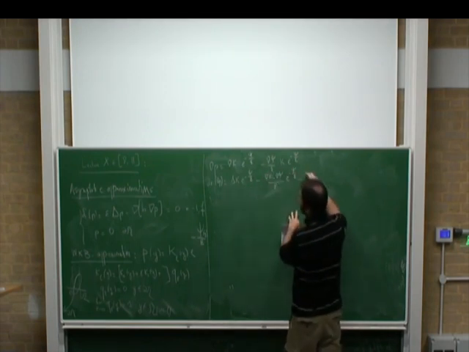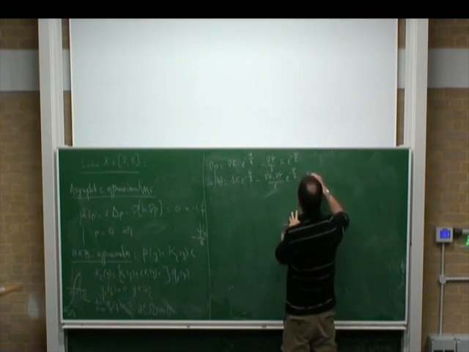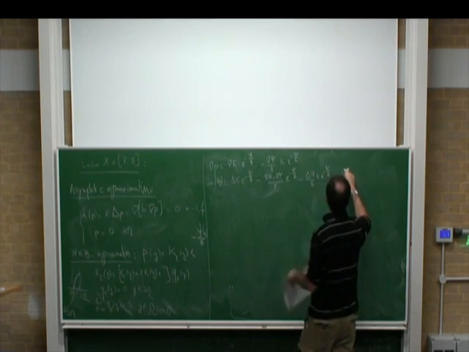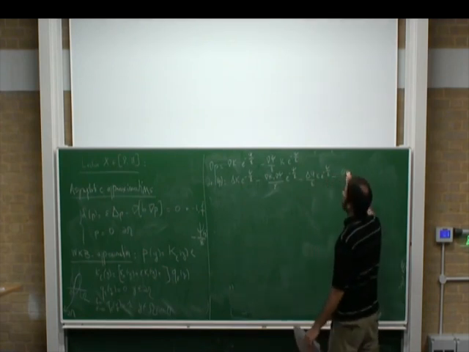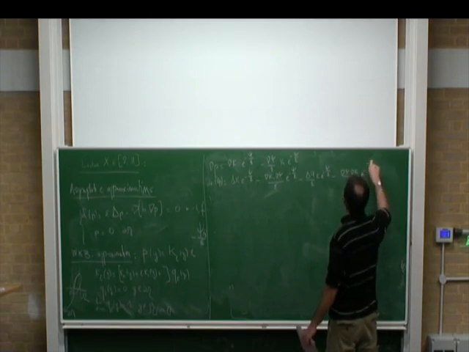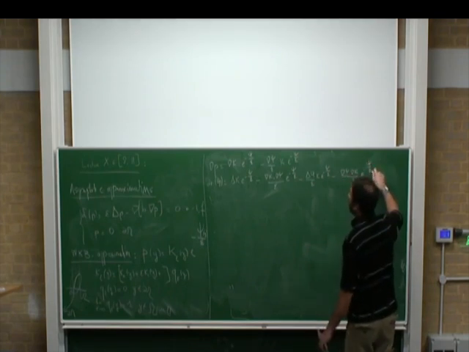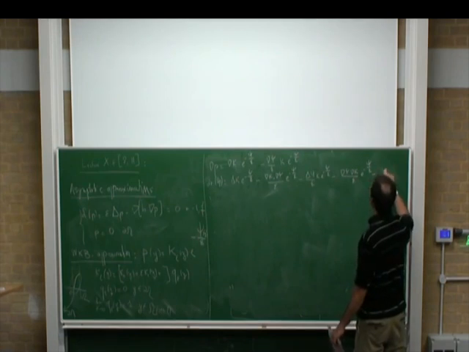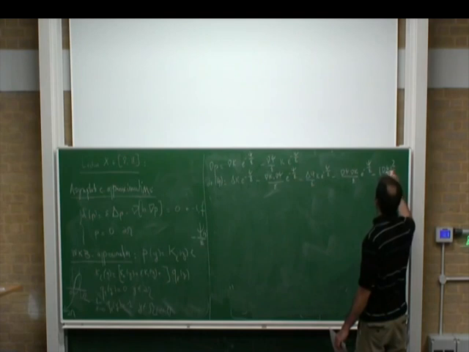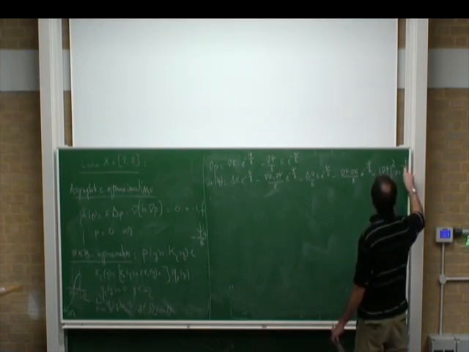Here we have minus Laplacian psi divided by epsilon, K exponential minus psi divided by epsilon, minus gradient psi multiplied by gradient K divided by epsilon, exponential minus psi divided by epsilon, and then minus gradient psi squared divided by epsilon squared, K exponential minus psi divided by epsilon.